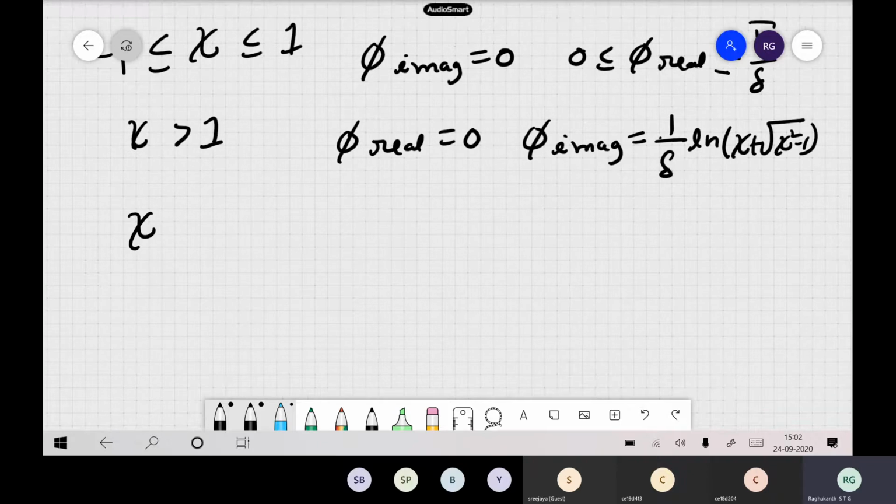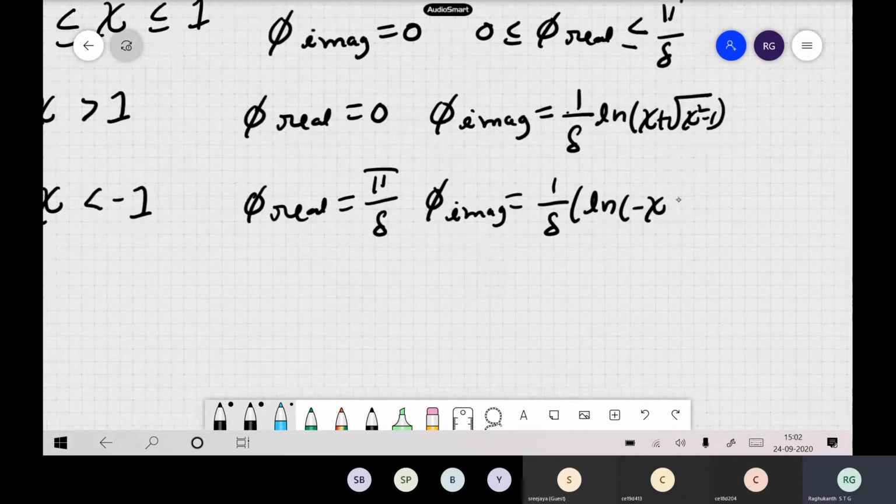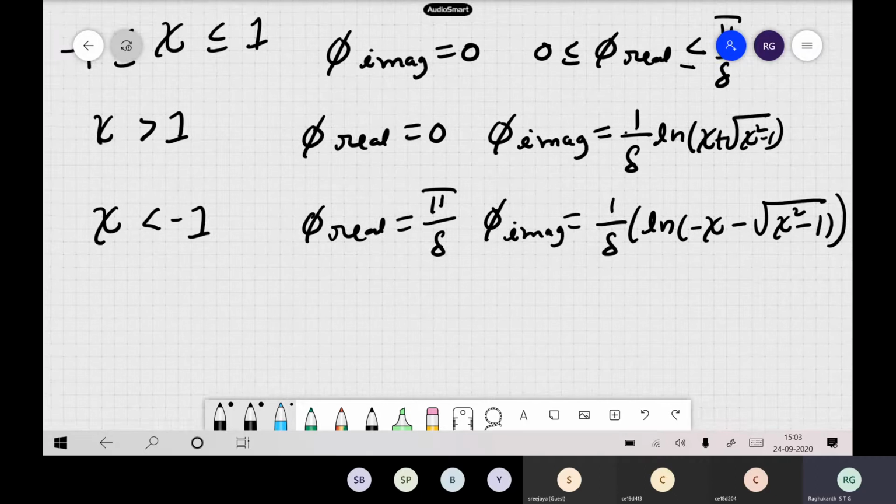And we had another case, psi less than -1. In this case we have a real portion, which is pi by delta, and an imaginary portion, which is 1 by delta times log of minus psi minus square root of psi square minus 1. These were the expressions we derived.